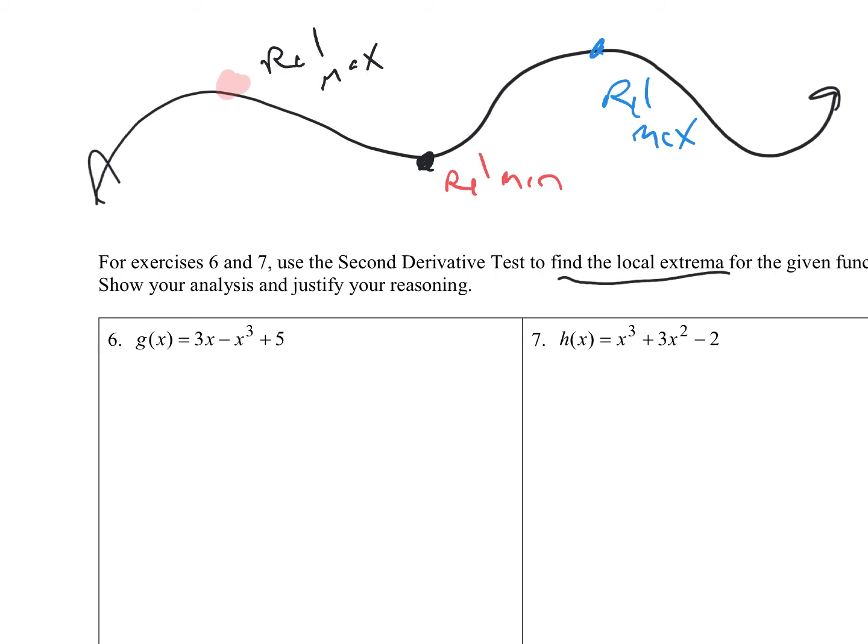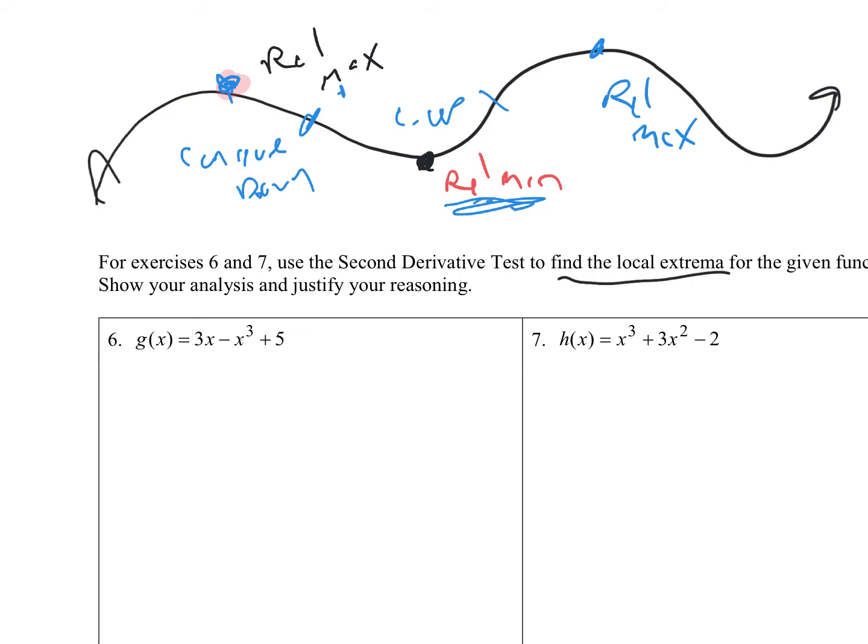What do I know about the concavity? Here was concave down. When it's concave down, the extremum has to be a max because it sits on top of a hill. This, from whatever the inflection points are, is concave up, and there exists a relative min.